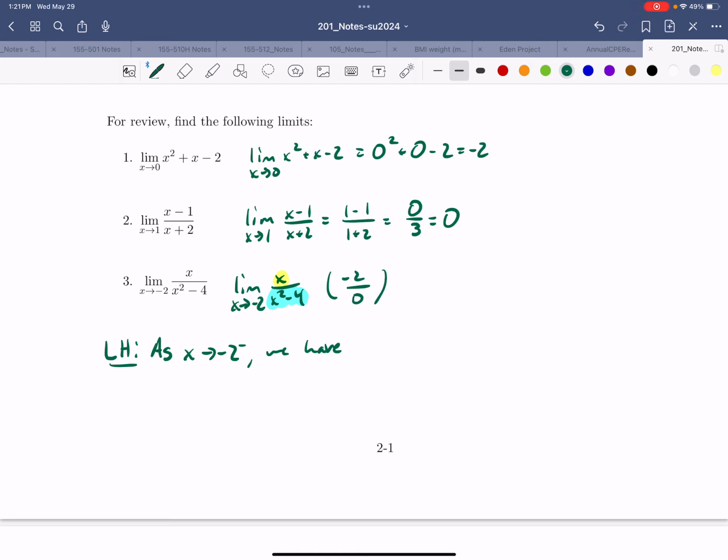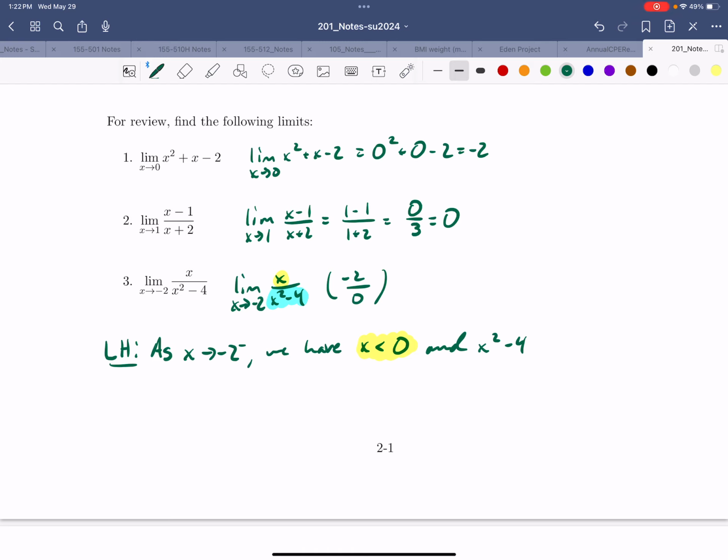So we have the numerator, x is approaching negative 2. I shouldn't even say x approaching negative 2. What's really important is just that x is less than 0, right? We're looking at this as the numerator of the function. Okay, so we have that, and we have x squared minus 4. Now here's the question: is it greater than or less than 0?